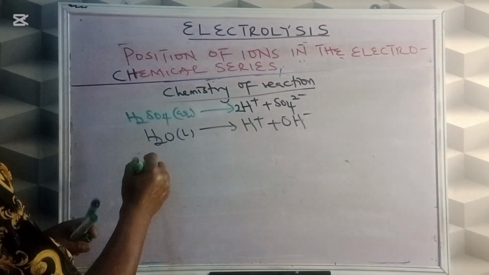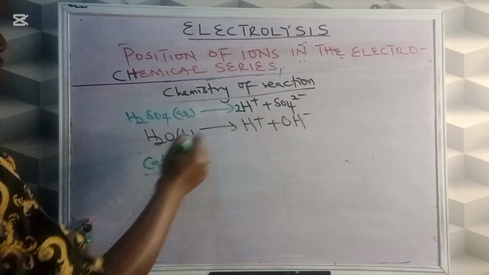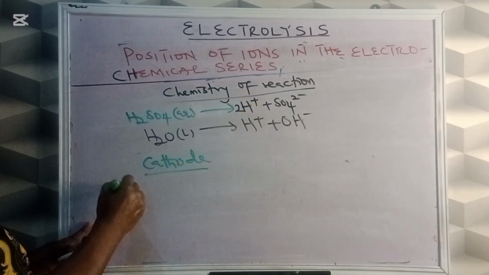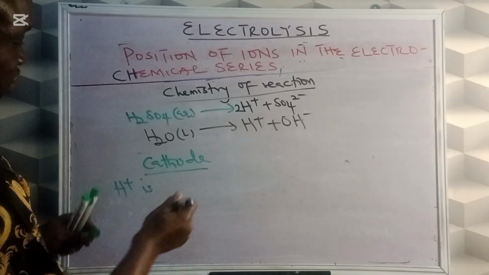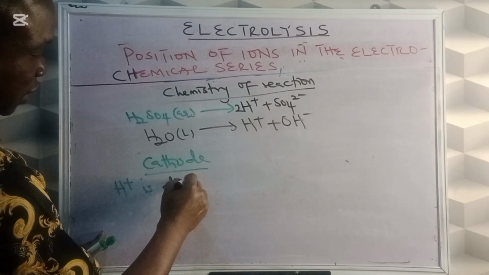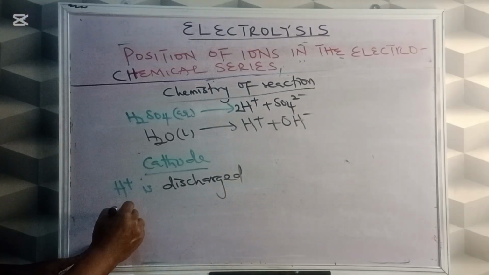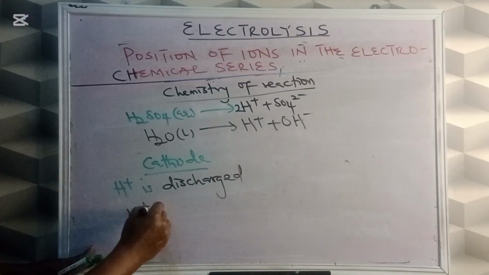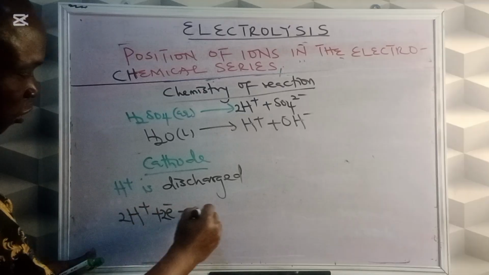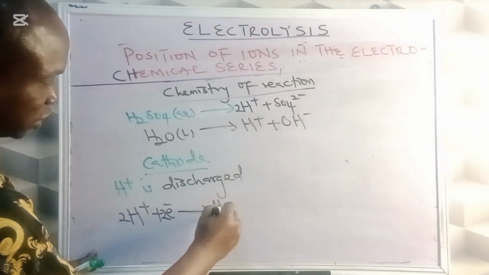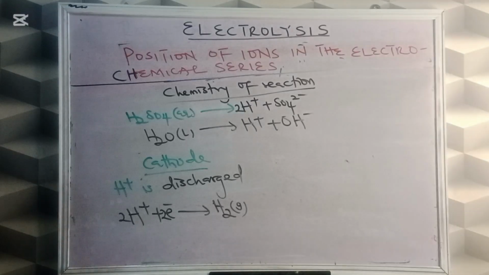What happens at the cathode? Hydrogen ion is discharged at the cathode: hydrogen ion plus electron, balanced, gives hydrogen gas. So hydrogen gas is liberated at the cathode.